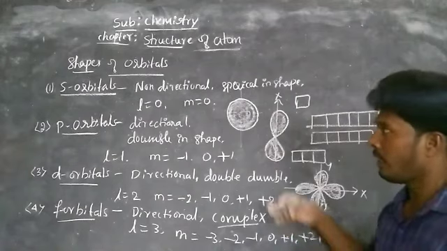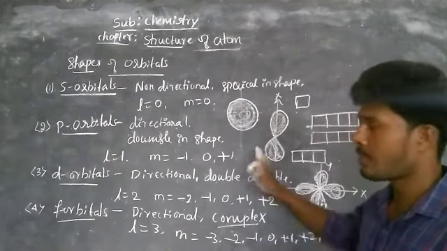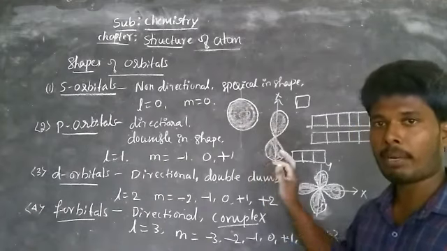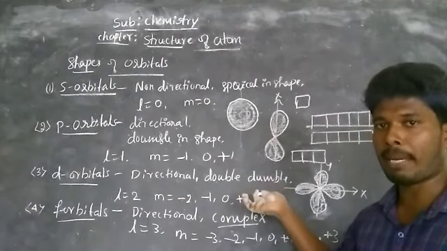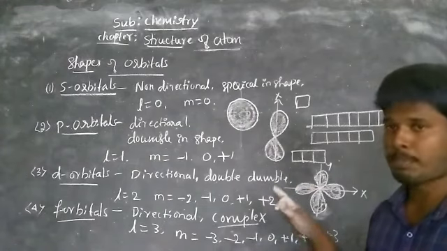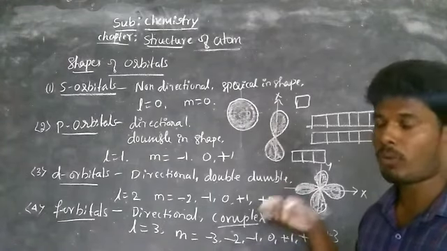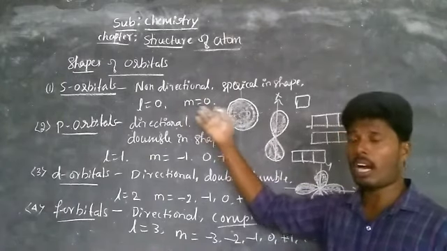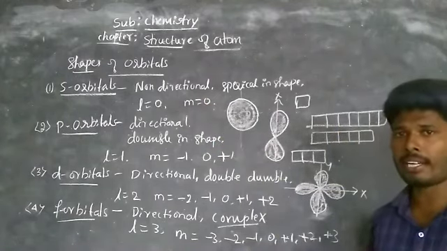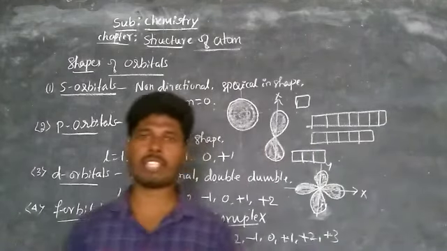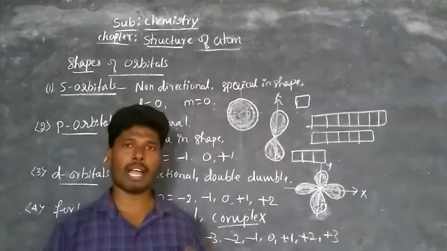Okay, these are the shapes of orbitals. This concept came under the quantum mechanical model of an atom, or wave mechanical model of an atom. Before that, we didn't know the concept of orbitals and the complete structure of an atom. Quantum mechanics helps a lot to understand the complete structure of an atom.